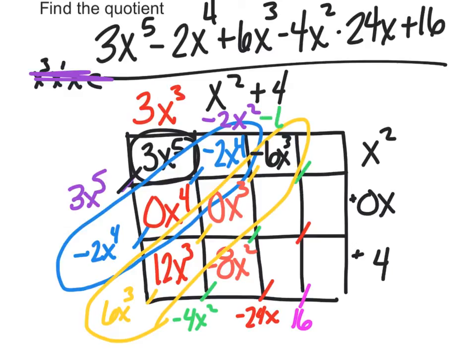I would say negative 6x. So now we'll fill this row in. So negative 6 times 0x is going to be 0x squared, and then negative 6x times 4 would be negative 24x.